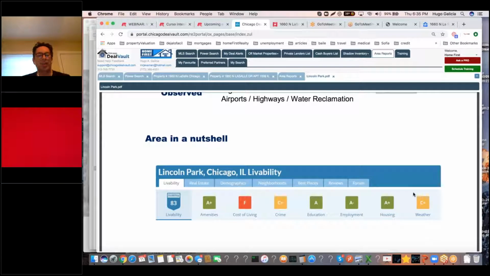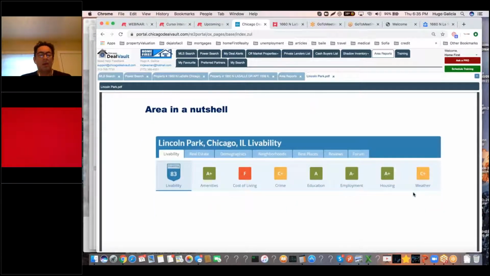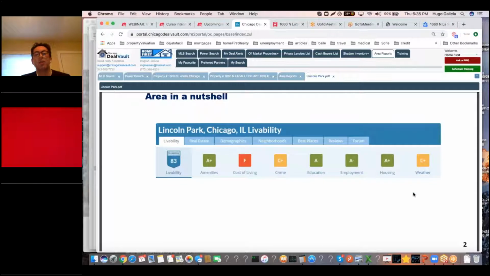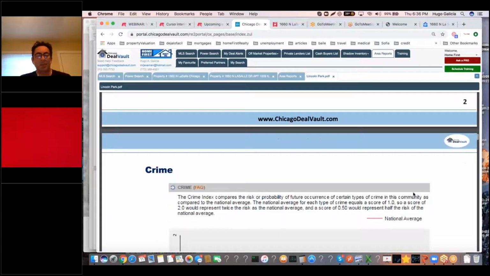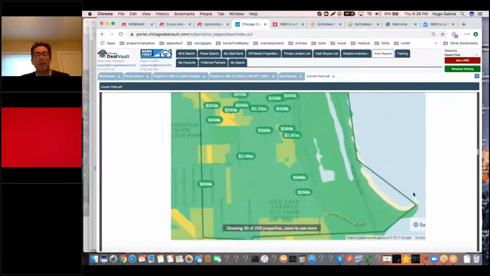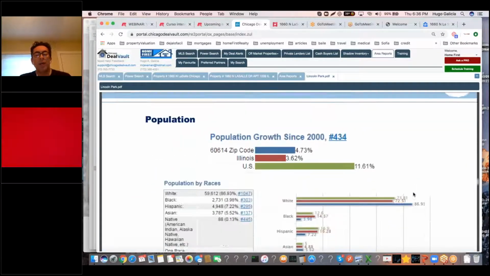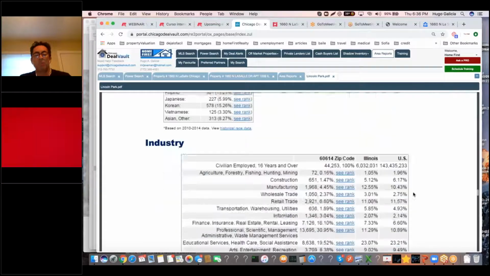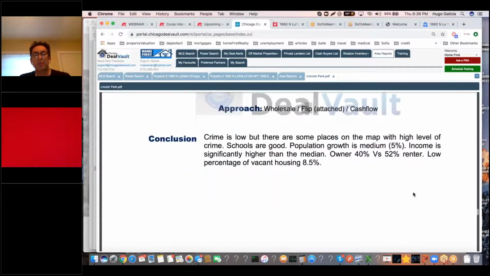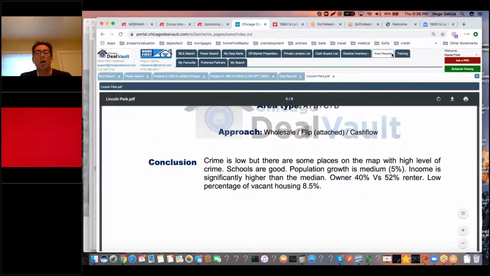Obviously these are great areas near downtown where employment is great, amenities, everything is amazing. The only problem is that it's too expensive, right? So what I want to find out is whether this is a rental market or a flipping market. So let me just scroll down, and right here we're going to give you the conclusion.